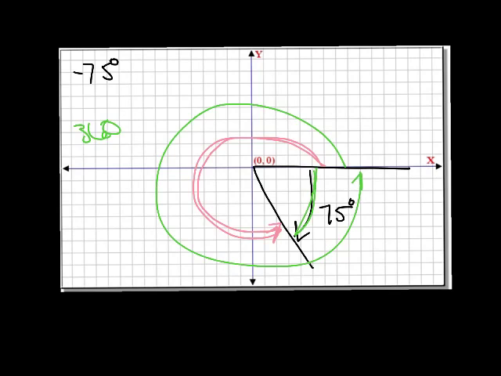So if we take this 75 away from it, we end up with 285 degrees. So that ends up being the angle. We end up with an angle right there of 285 degrees. So that is the smallest positive angle that's coterminal with this one there. Okay, so that's example 4.